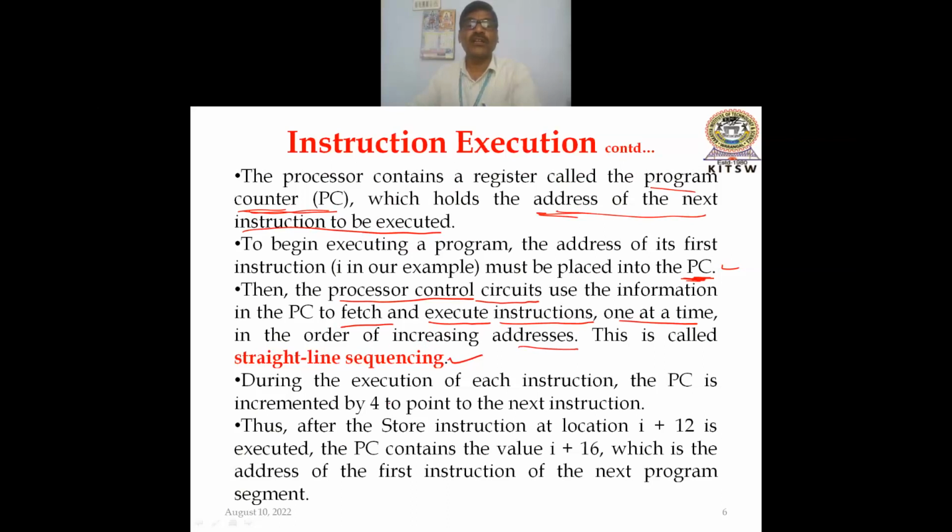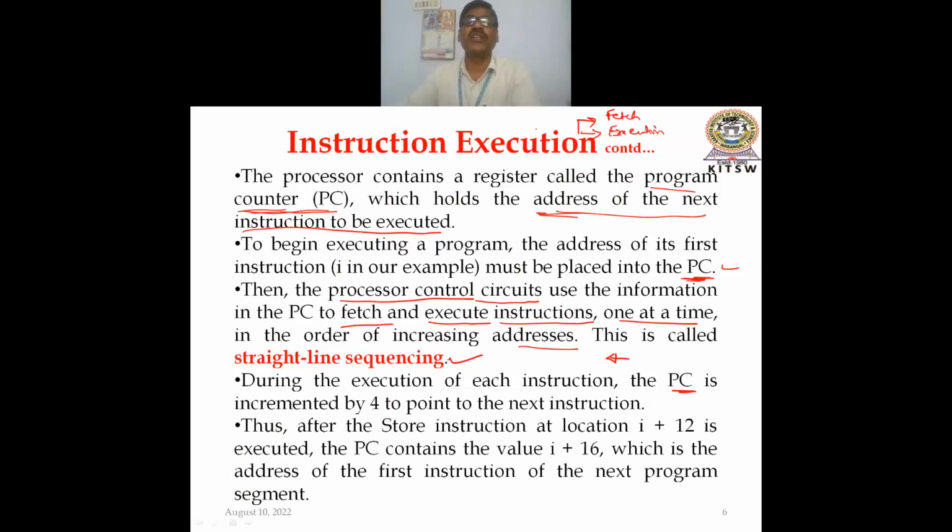When we are executing the instruction available in the program counter, the instruction execution always follows two important steps. One is the instruction fetch cycle, and the other is the instruction execution cycle.